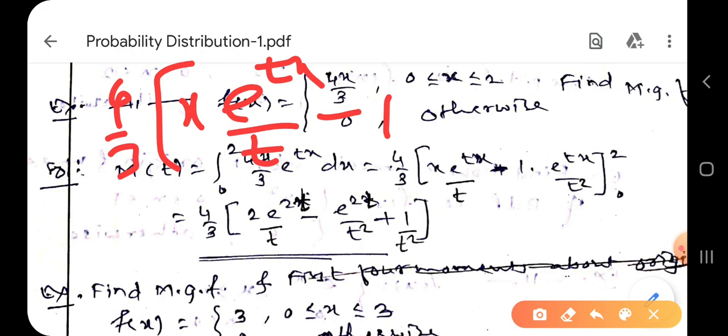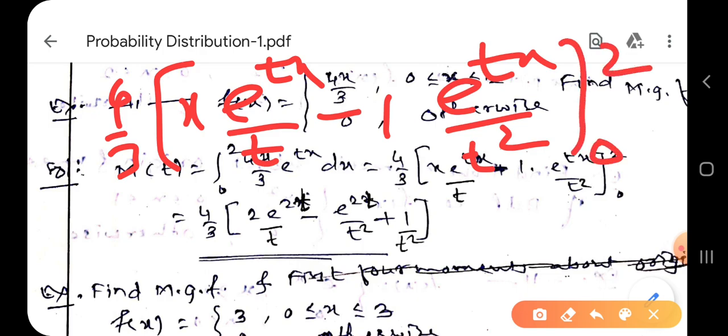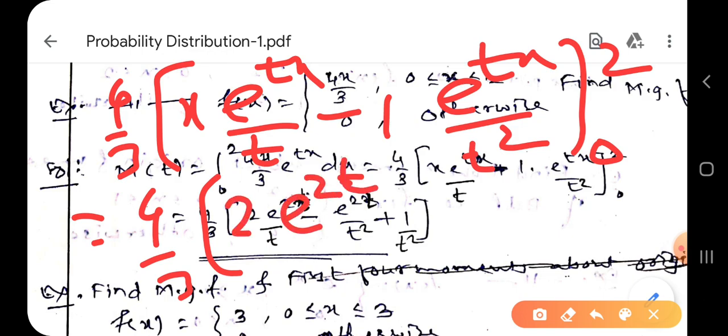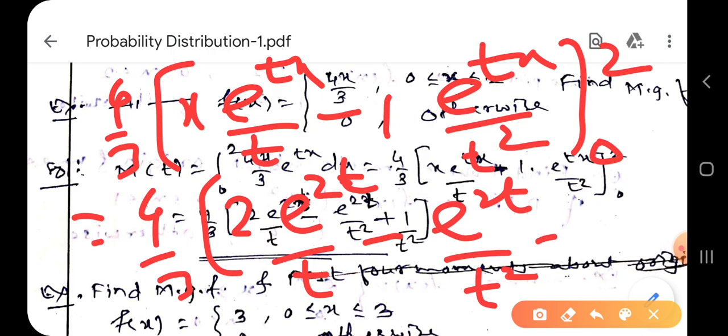What is the integration of e raised to tx upon t? e raised to tx upon t square, and the limit is 0 to 2. Take the upper limit minus the lower limit, and just simplify it. So you will get 4 by 3, 2 into e raised to 2t upon t minus e raised to 2t upon t square, minus the lower limit. If I put 0 here, minus minus plus 1 upon t square. So this is our answer. In this way we will get the answer.